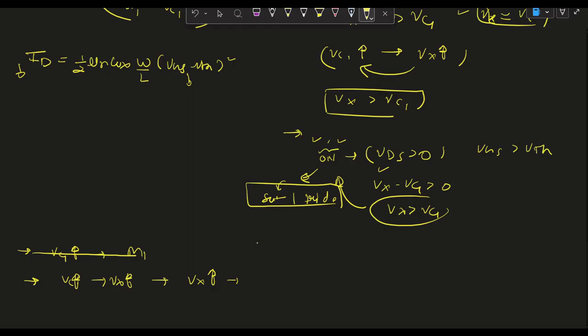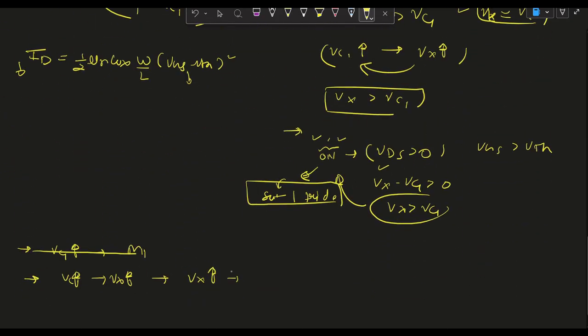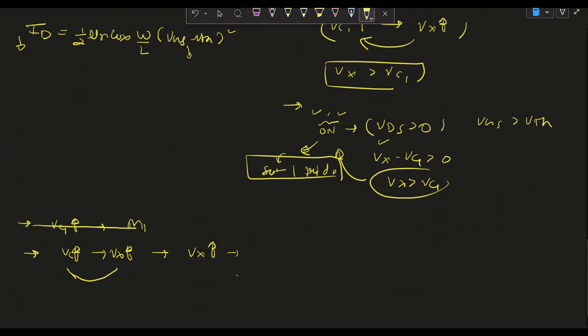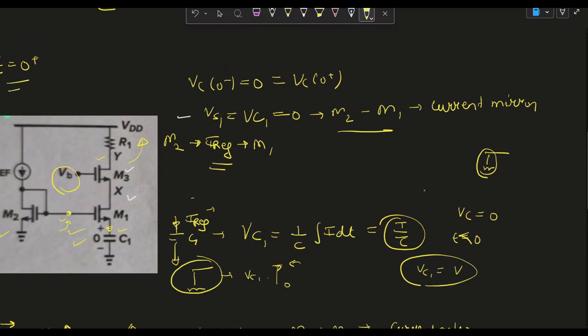Due to this, our MOSFET M3, what is happening here is that if we are increasing Vc1, then our Vx is increasing, and a point comes where Vx increases so much that it pushes our M3 out of saturation, or into the off state. When M3 is in the off state, it will make Vx as VB minus VTH, like in this case.